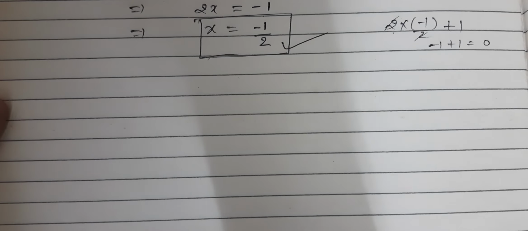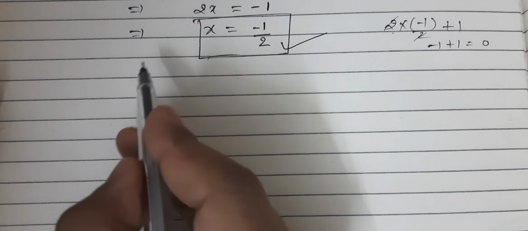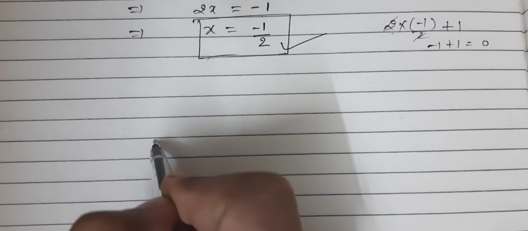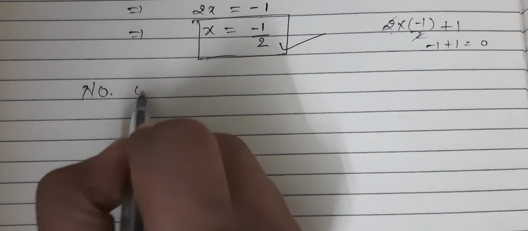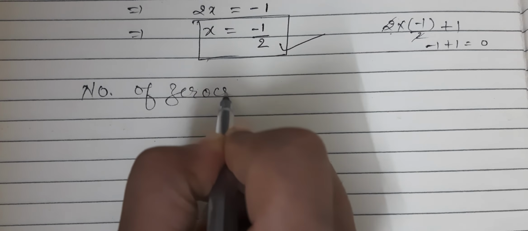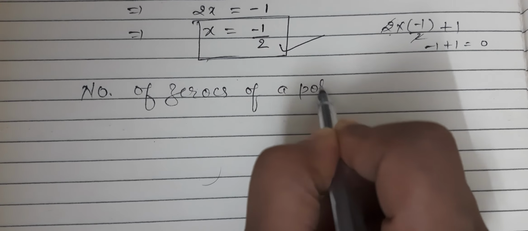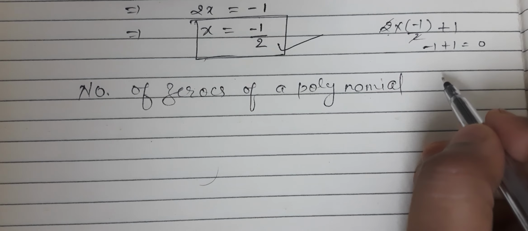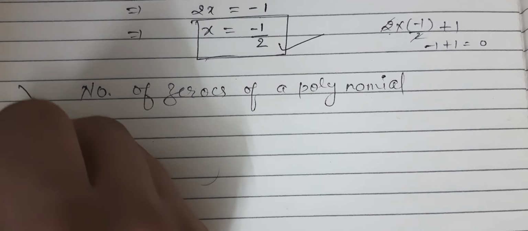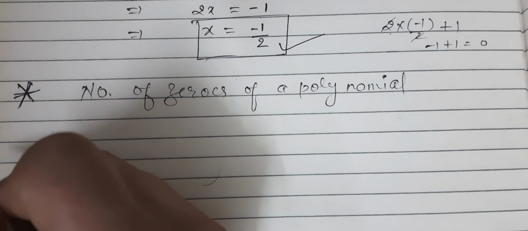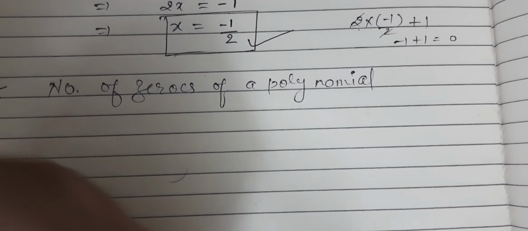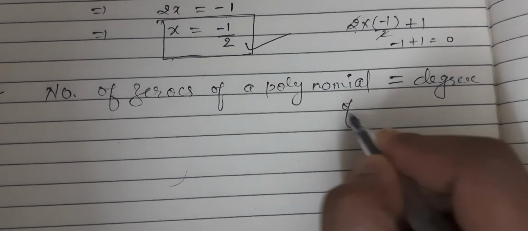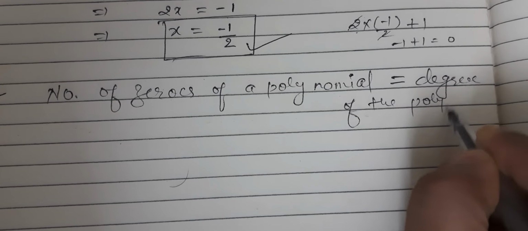Now, the number of zeros of a polynomial depends on something. You have to keep this in your mind: the number of zeros of a polynomial is equal to the degree of the polynomial.